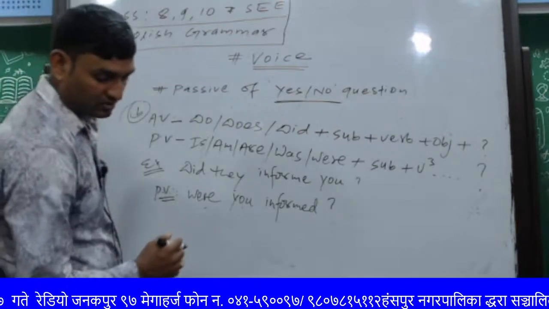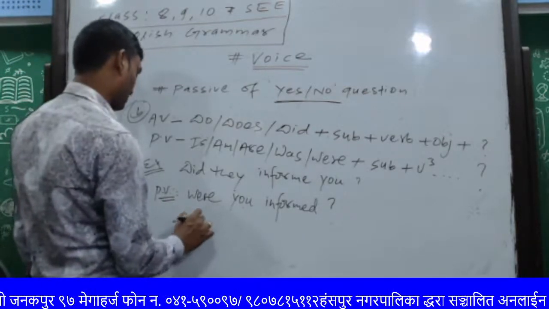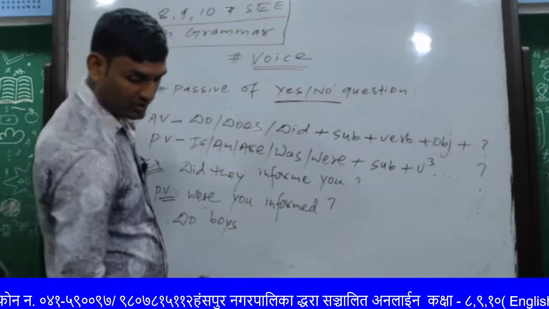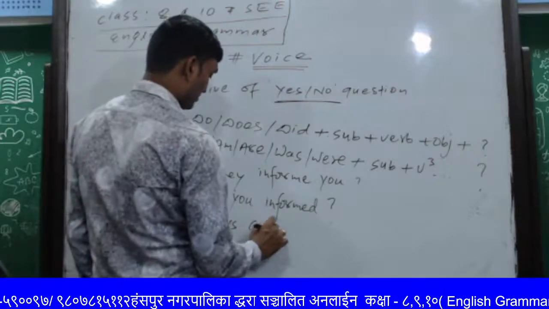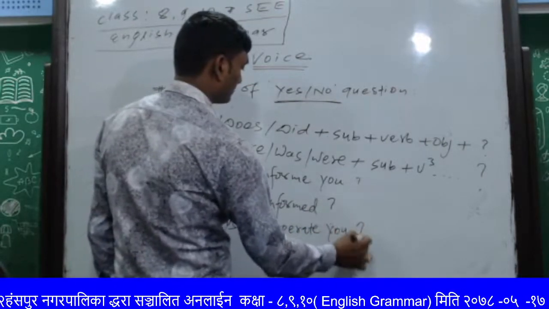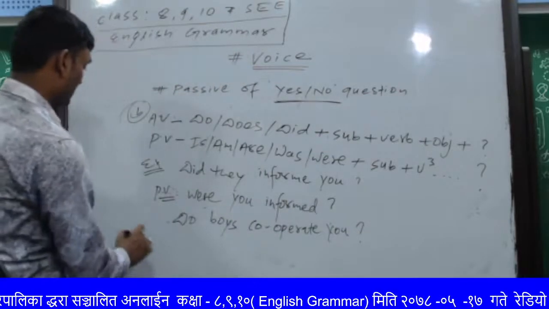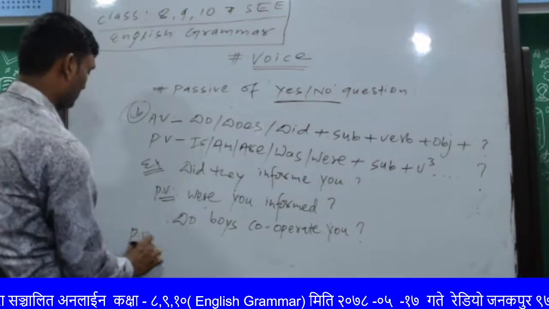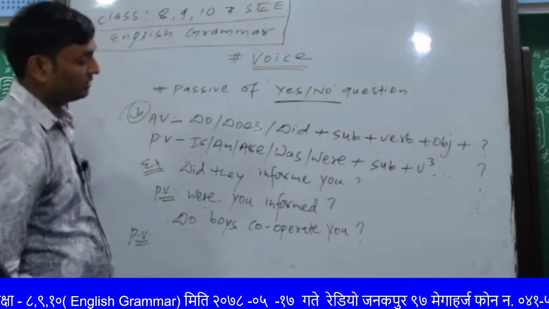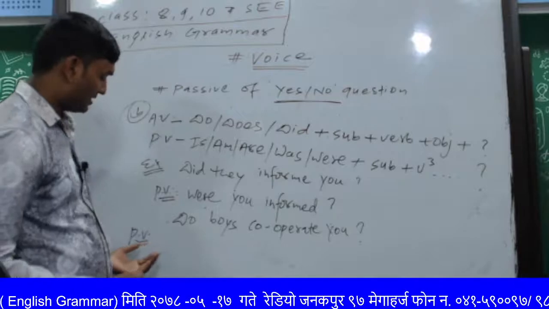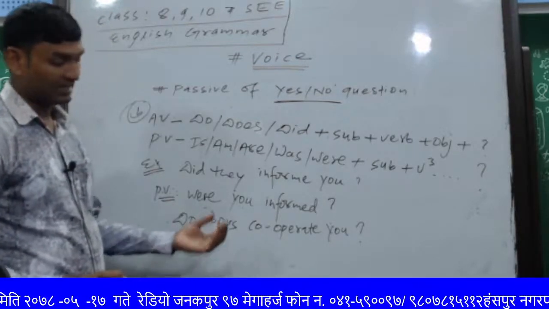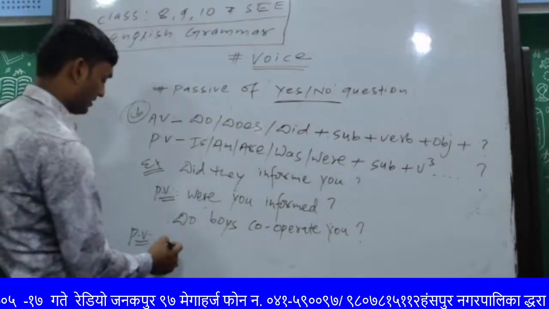Another example: do boys cooperate you? The passive of this one: you is the object here, so passive of subject is here you, and this one is simple present tense, and you receive are.